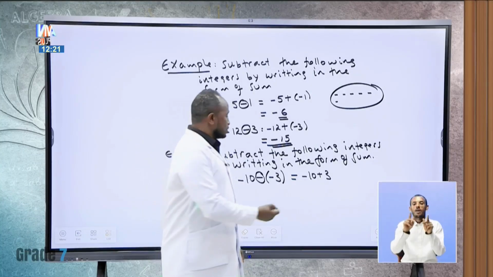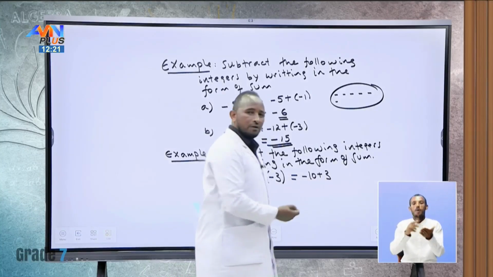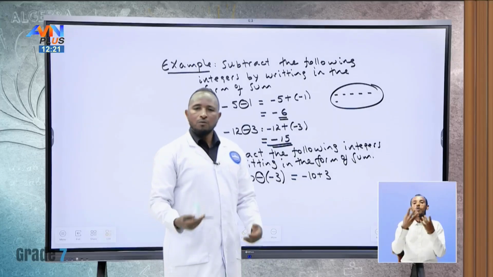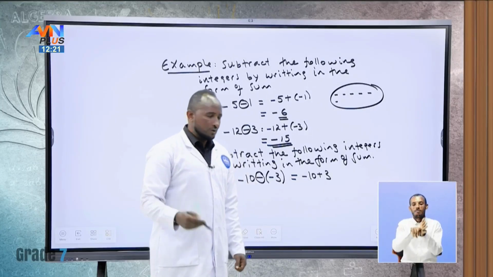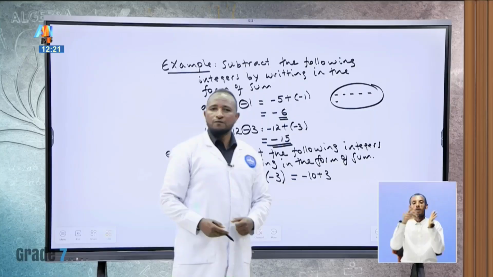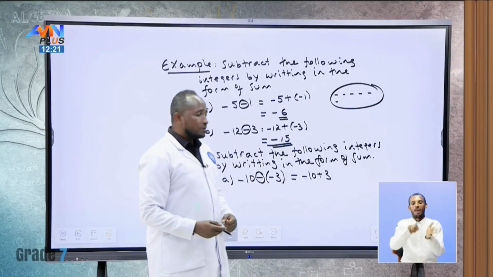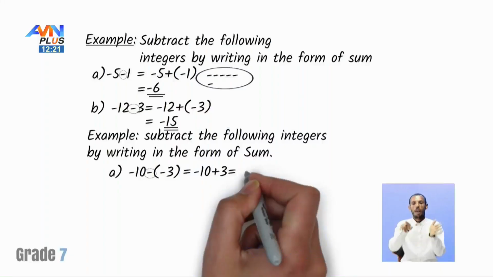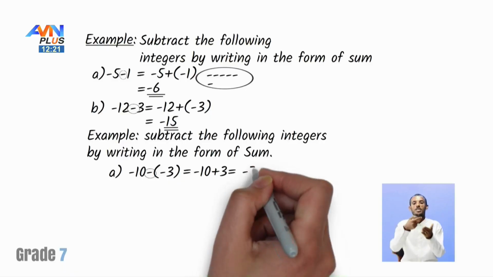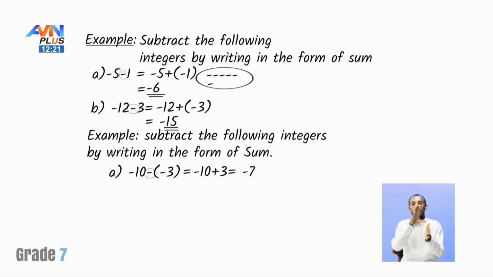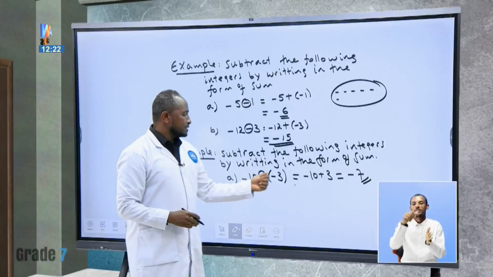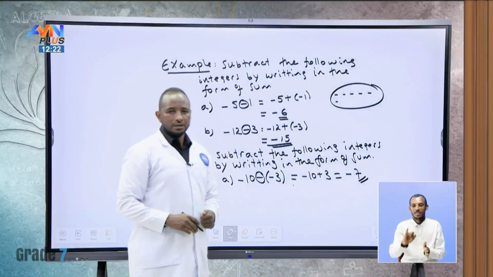Here, we have more positives or more negatives? Good. We have more negatives here. We have 10 negatives, so the result will be negative, and then we subtract in this case. 10 minus 3 is 7. So the result will be negative 7. Therefore, minus 10 minus negative 3 is negative 7.